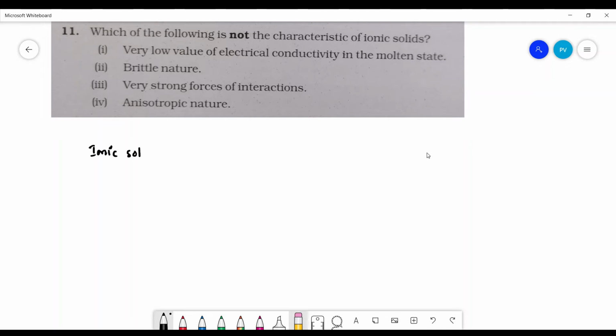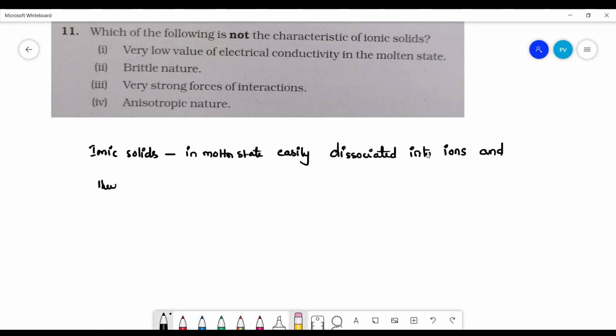Ionic solids in the molten state easily dissociate into ions, and they show high electrical conductivity.